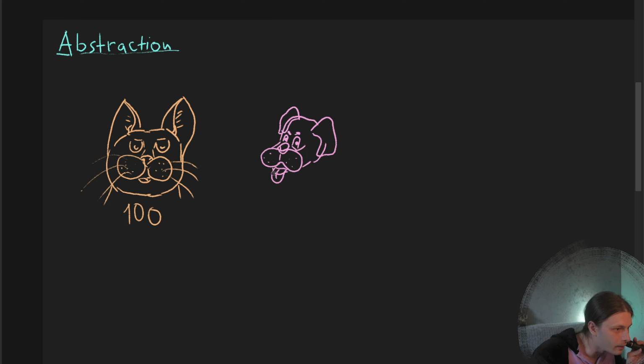Maybe I may remove this thing, and yeah, the creature has some tongue, and it's happy, smiley, very smiley, happy creature.